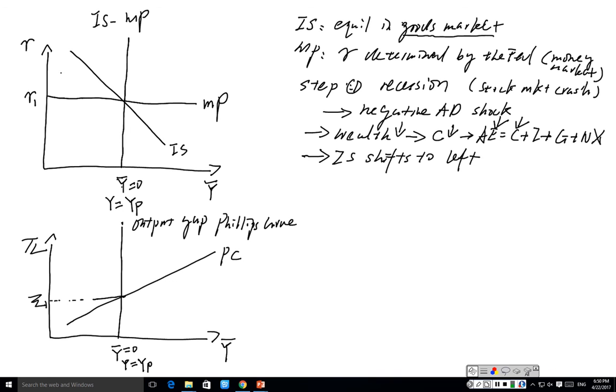So using the IS-MP curve, we can show the IS curve will shift to the left. That's the first step. With this new IS curve and MP curve, we know the GDP will go down, which means the output gap goes down as well, to Y1.